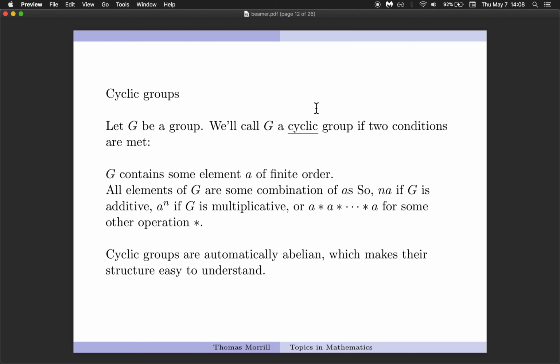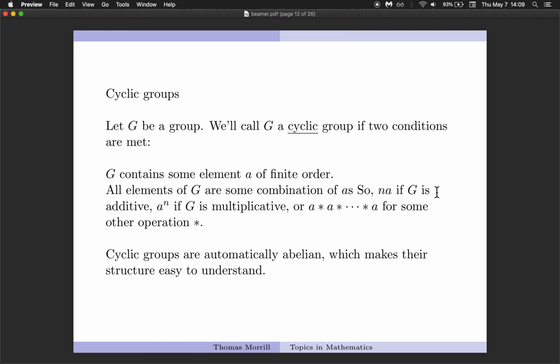Or maybe I use some other strange operation, and I'll call that star just to stay generic. I'm looking at n copies of A all put together with my operation star. And so every single element of a cyclic group has to be written out as one of these formulas, depending on what operation we are looking at.